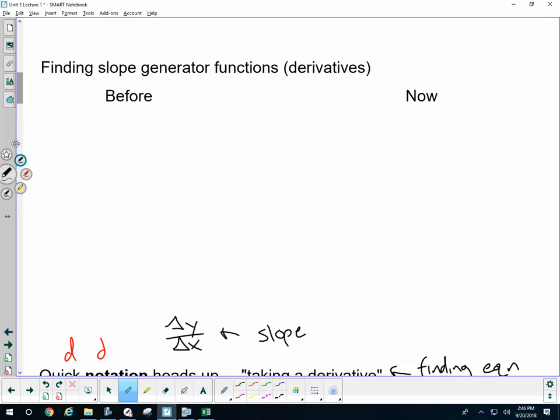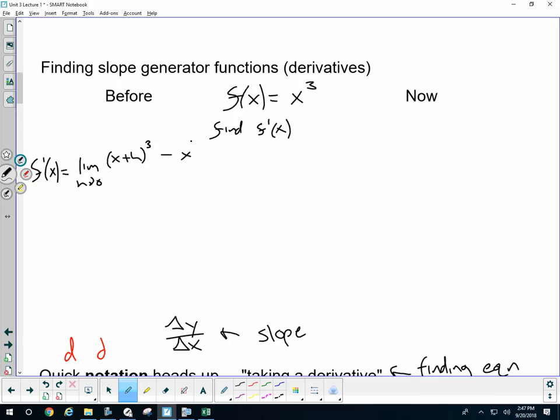Okay. So before, if I said f of x is equal to x cubed, and I asked you to find f prime of x, the tangent slope equation for the graph of the tangent slopes to x cubed, you would say, okay, I got it. Hold on. Limit as h approaches 0 of x plus h cubed minus x cubed over h.